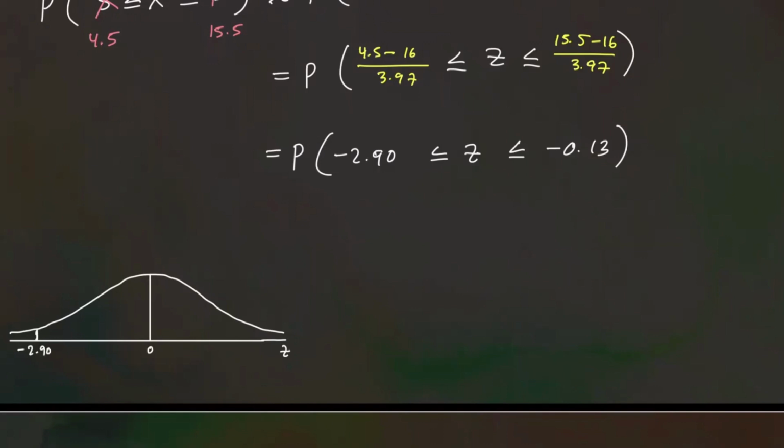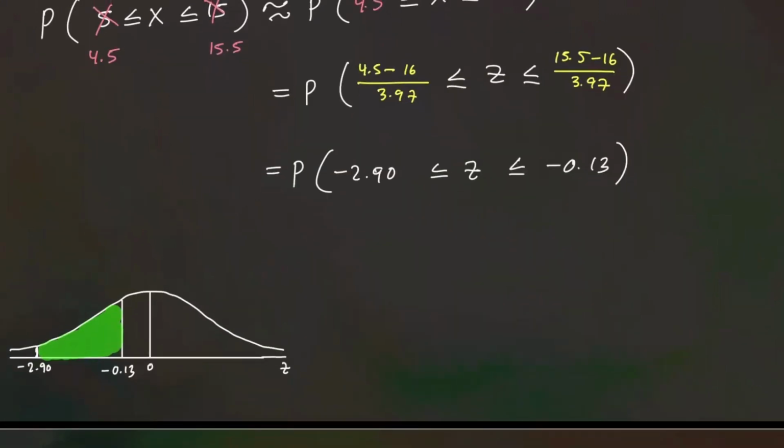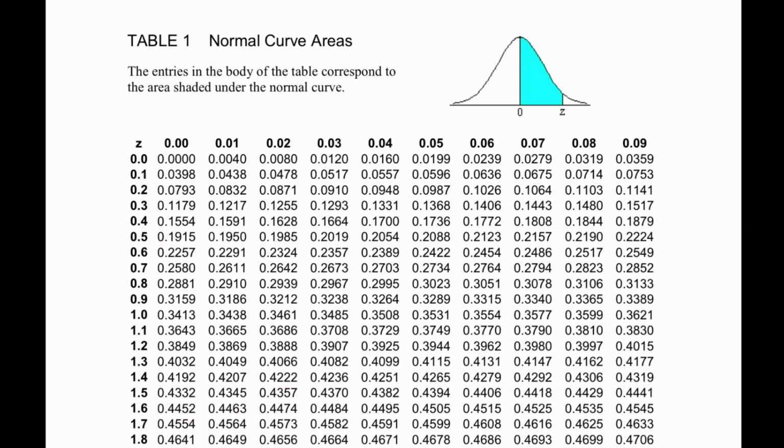And the negative 0.13 is perhaps right here. And we're interested in this area. That's the area we want because that will represent the probability that the birth results in twins between 5 to 15 times. The table gives us area from here this way.